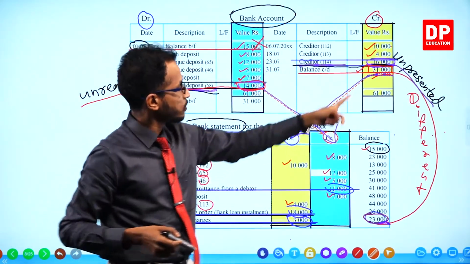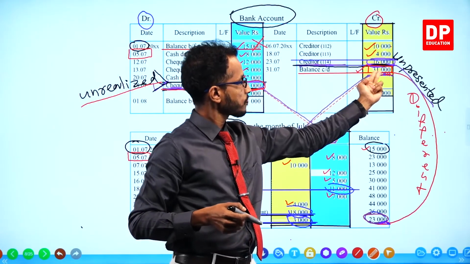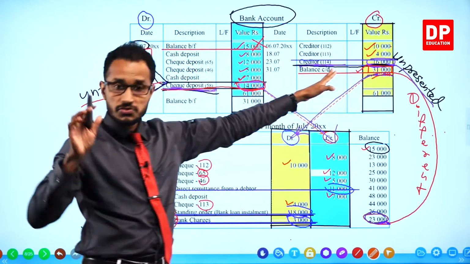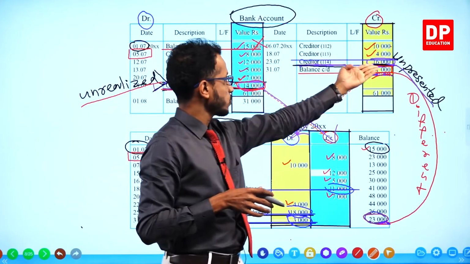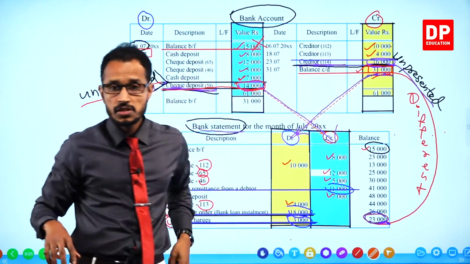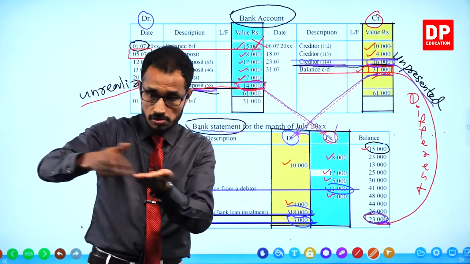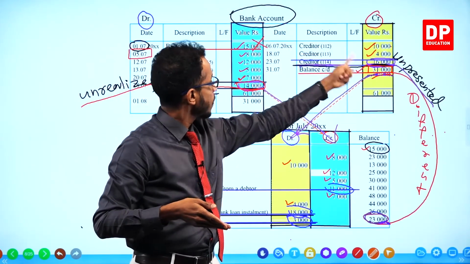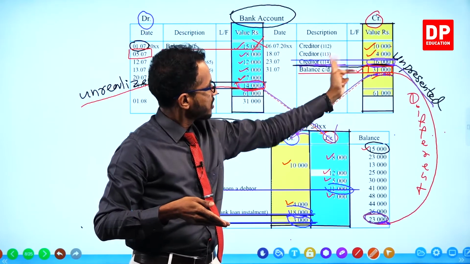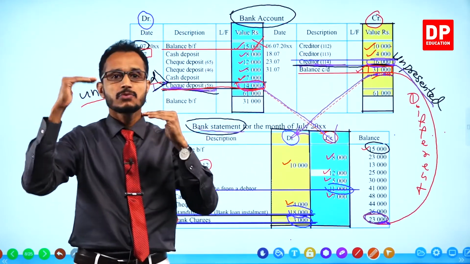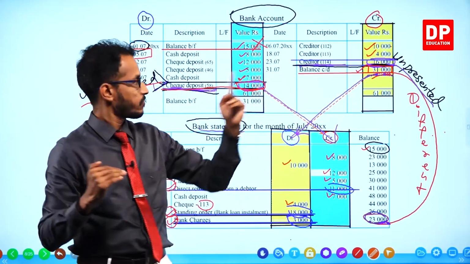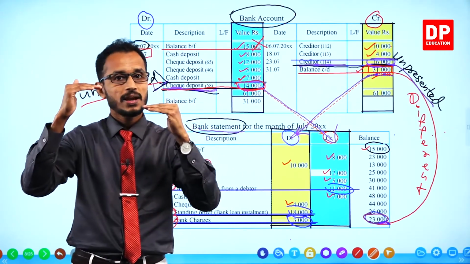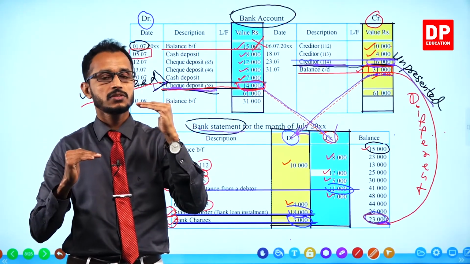Unpresented checks, 16,000. The 16,000 of checks are credited to our bank account, which means we have issued checks to creditors. When the checks are issued, our bank balance decreases, we have credited, and the bank balance has already decreased.